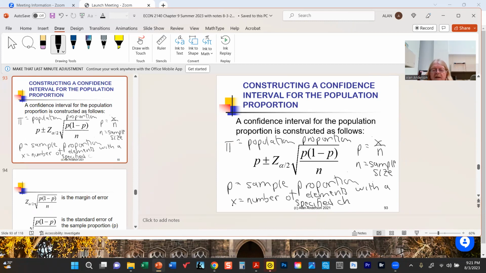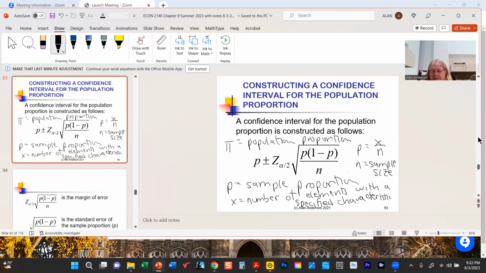So let's say, for example, we're studying the proportion of people in the United States who are retired. Okay. So that means the sample proportion would mean you go out and grab a sample of people and find out how many of them are retired. And so obviously, for example, if you choose a sample of 100 and 18 of them are retired, that means the sample proportion must be 18% or 0.18.